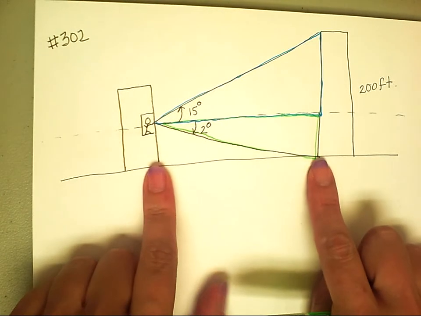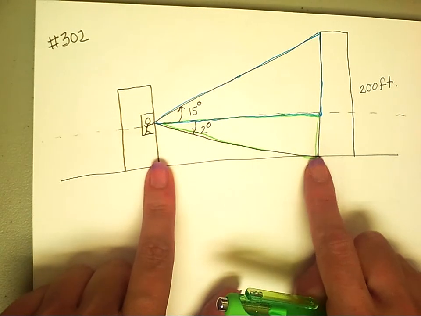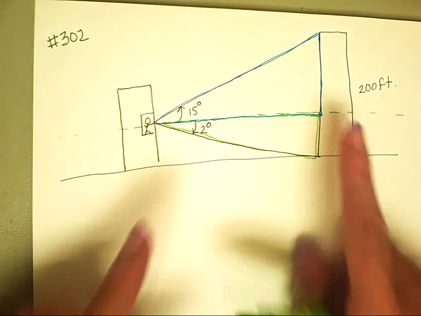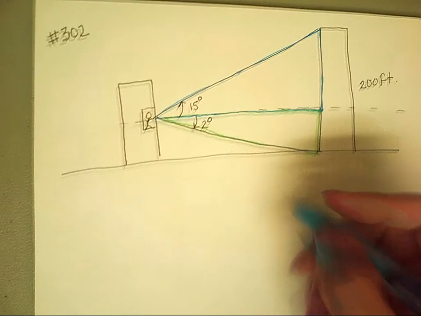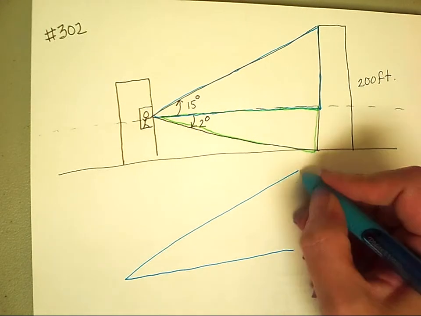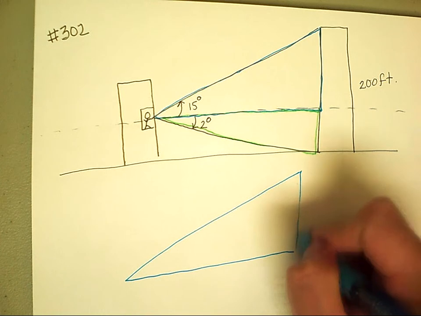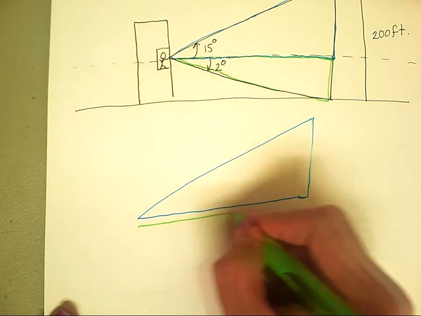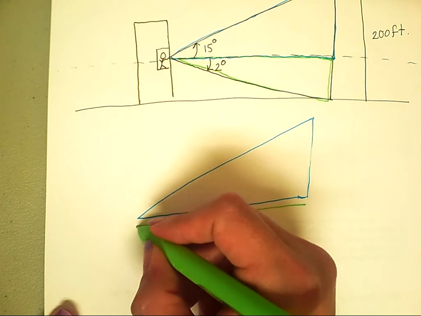And the question is how far apart are the person and the monument? So that is our unknown distance. So let's rewrite these, what we can see about these. Here's one triangle, and here's the other triangle.